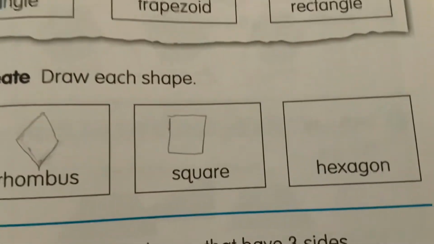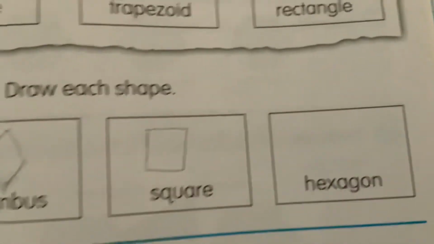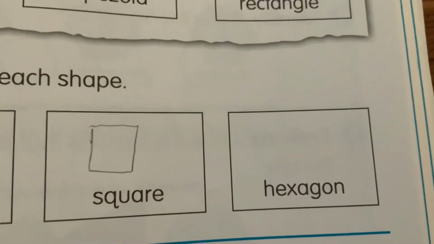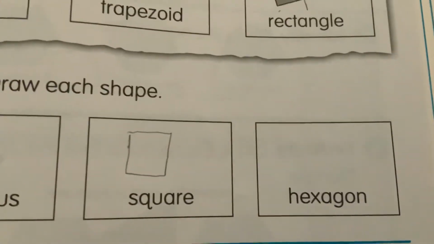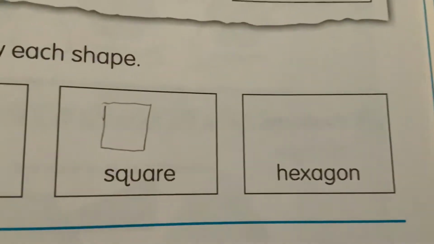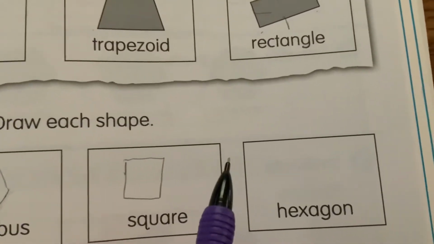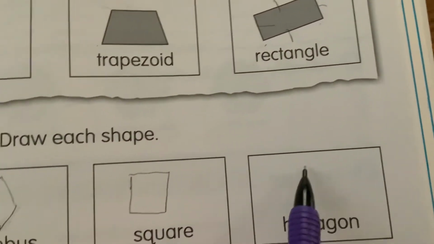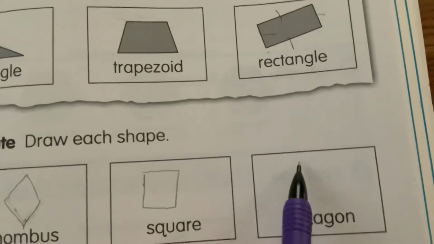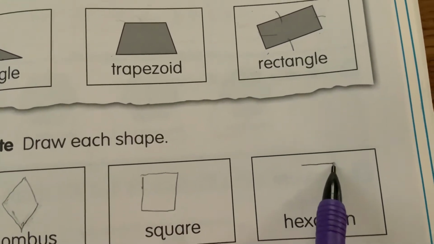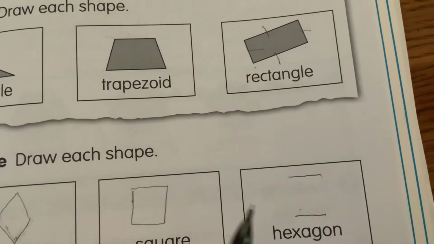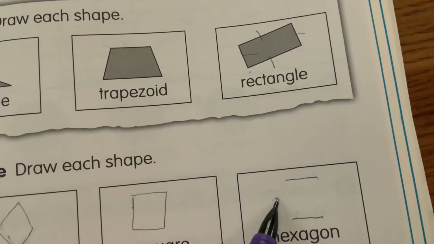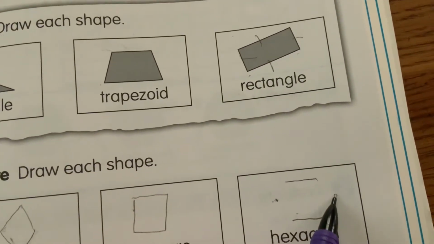A hexagon. Okay, a hexagon has to have what? 6 sides. Do the corners, are they square corners? No, they're not. We've seen they could be, but they're not always. Now, to make a hexagon, I like to make a line at the top and the line same length down at the bottom, and then put a dot out here and a dot out here.